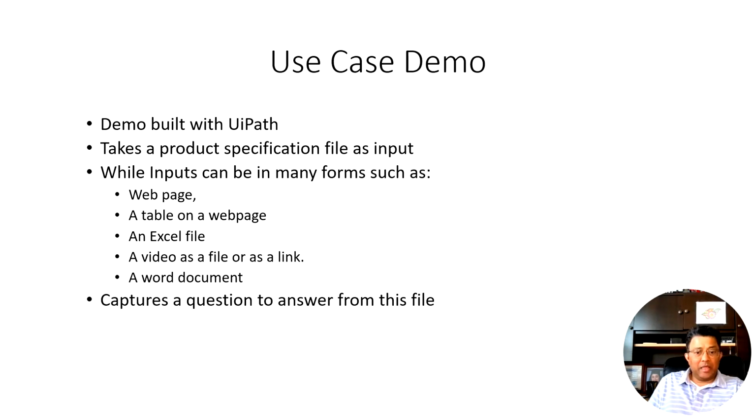While the input in this particular demo will be a PDF file, it can even be a web page, a table on a web page, an Excel file, a video link or the actual file itself, or a Word document. In the future, we don't know how many more things will come up as inputs that AI can assimilate. Once it takes the document and understands it, you can ask questions to it, and it will give you answers.